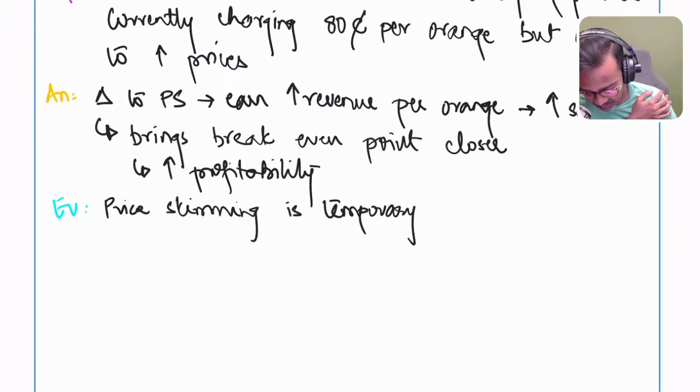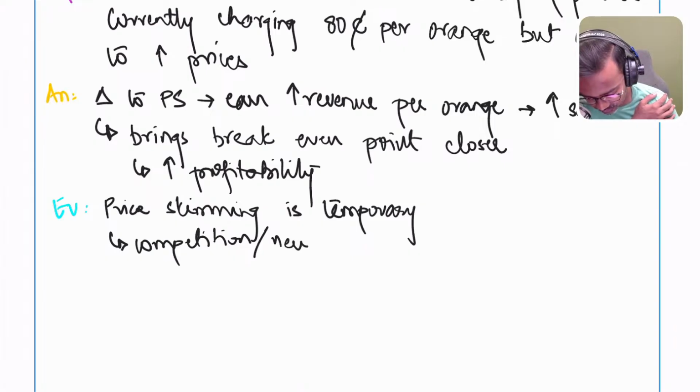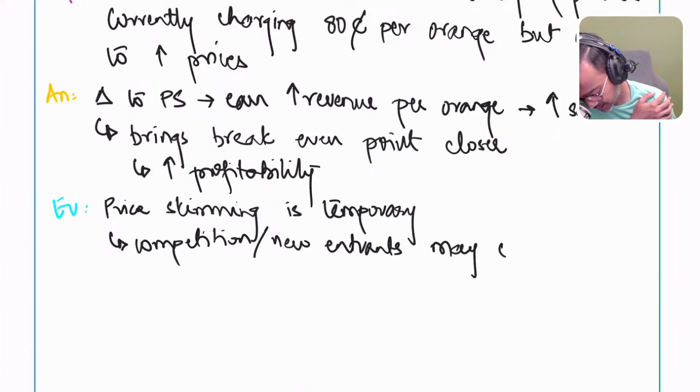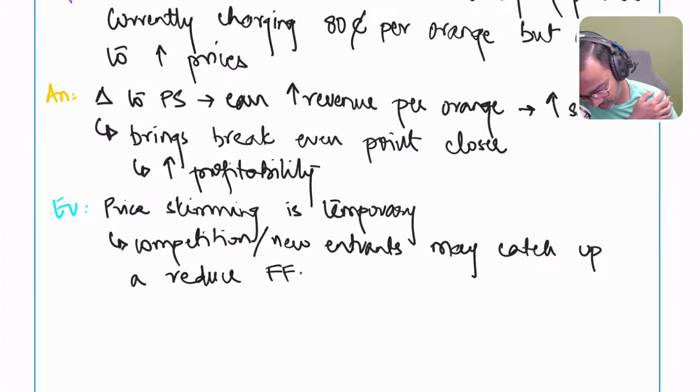So price skimming is temporary, and competition or new entrants may catch up and reduce FF sales. So there's a catch to it. That's basically what I want to say.